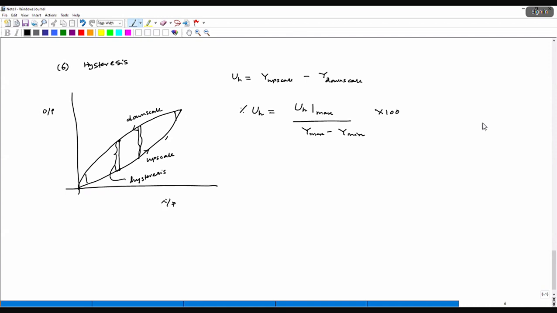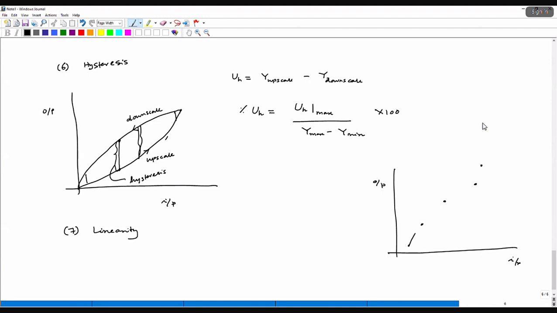Then we talk about linearity error. Linearity. So you have again input and output, and let's say you did some test and you got the data points, something like that, right?